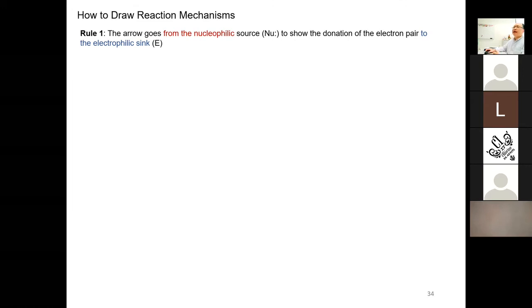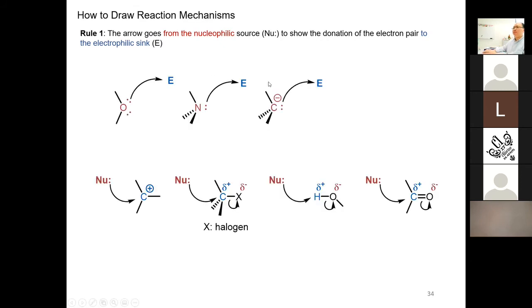The arrow goes from the nucleophile, which is rich in electrons, to show the donation of an electron pair to the electrophilic sink, which is usually simplified as E. The nucleophile is usually simplified as Nu with a pair of electrons, because you always want to show that the nucleophile has electrons to donate to E. For E, you don't have any electrons shown when you keep it simple.